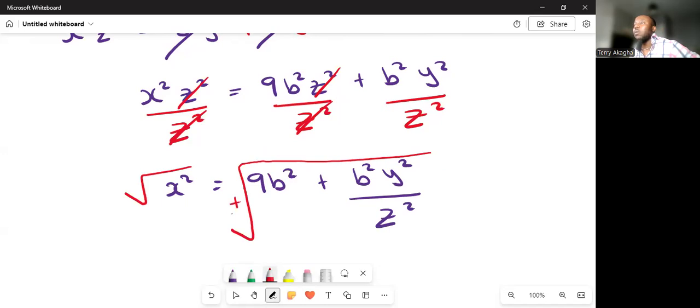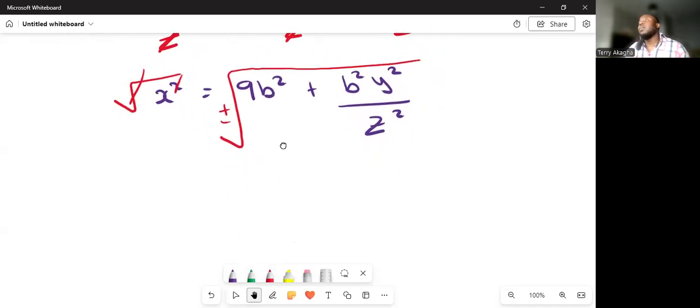Remember the square root means plus or minus, okay? So it depends. But for this, I'm going to ignore it. But you always remember in quadratic, I told you the square root refers to plus or minus. So this will now cancel that. Then we now have x.